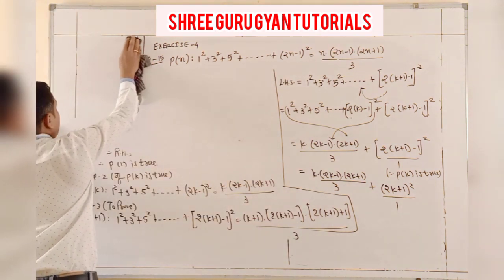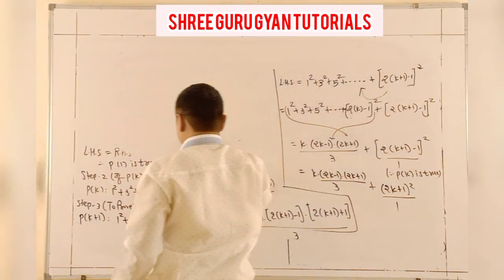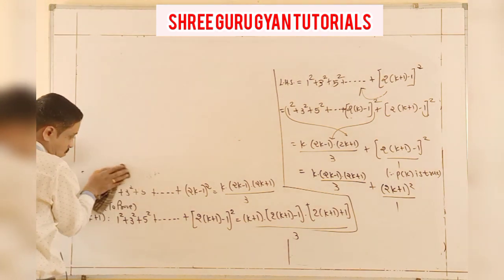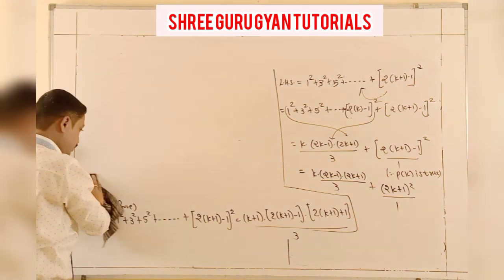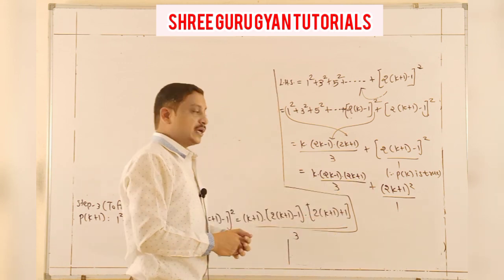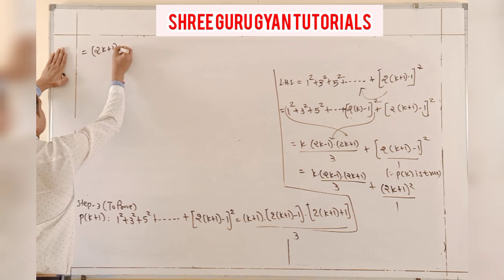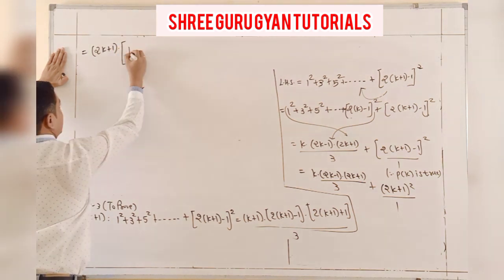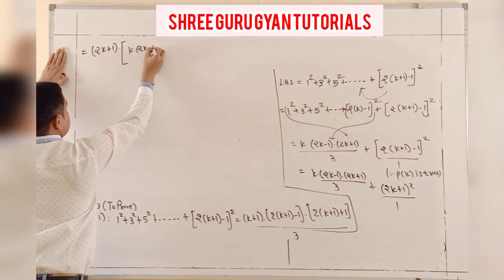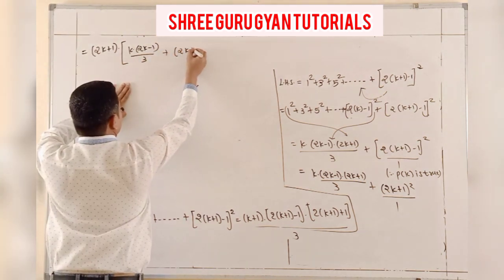So now I am going ahead, just taking common. That is my RHS. So now what is the common? Maximum common is 2k plus 1, remaining are k times (2k minus 1) by 3, and here 2k plus 1.